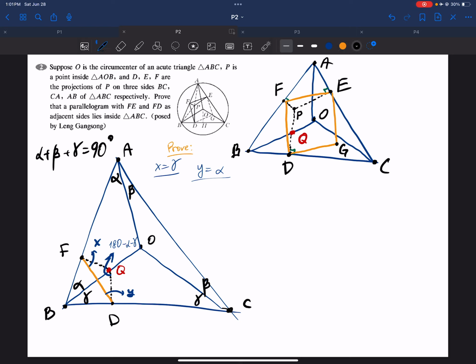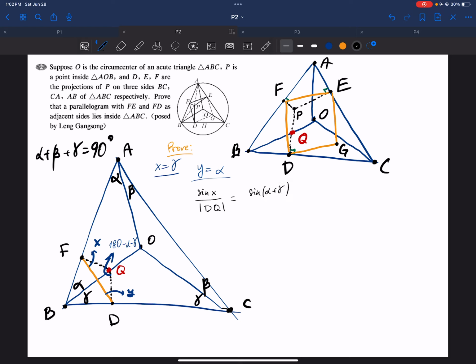For that, I write first sine x divided by the length of DQ equals sine of this angle, which is sine of 180 minus alpha minus gamma, which is the same as sine alpha plus gamma.